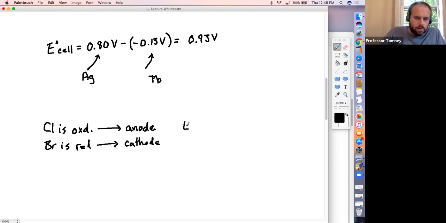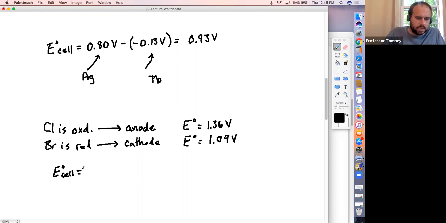Now, if you go and you find these values, you're going to find that the standardized value for the chlorine would be 1.36 volts. And the standardized value for the cathode here for bromine would be 1.09 volts. So in order to get the E cell, I simply have to put that together in my regular cell potential equation.